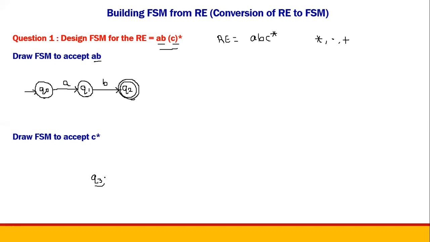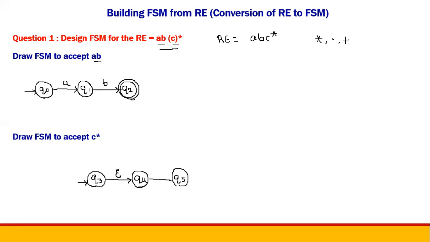I assume that Q3 is my start state for C star. According to the theorem, when we have Kleene star, upon reading epsilon it will move to Q4.